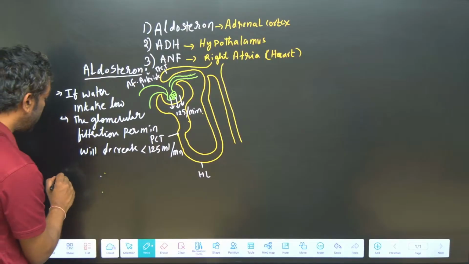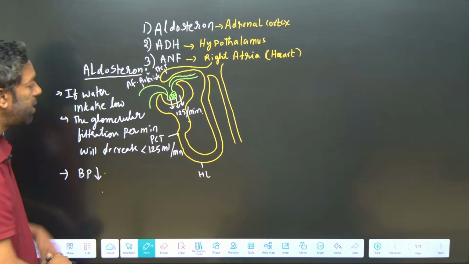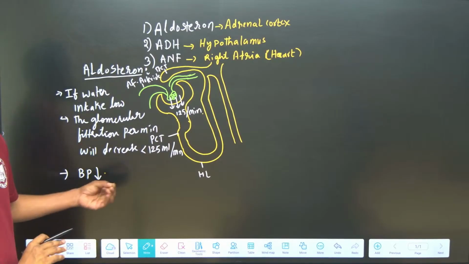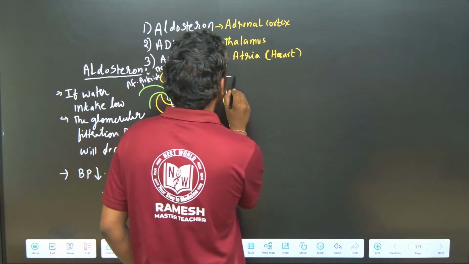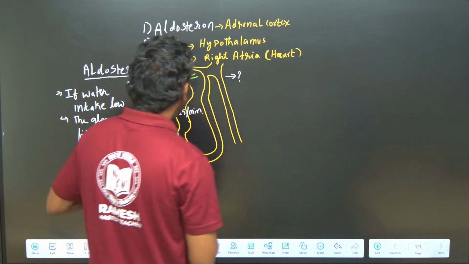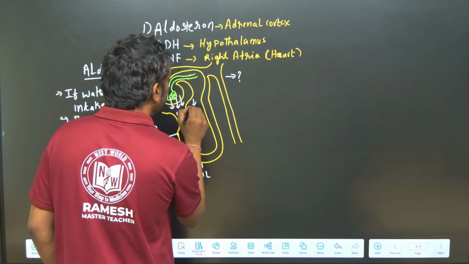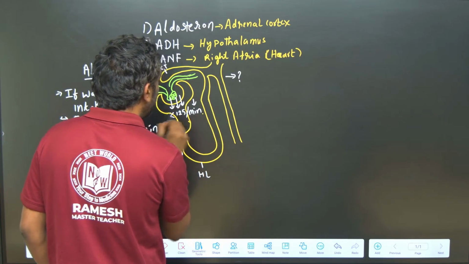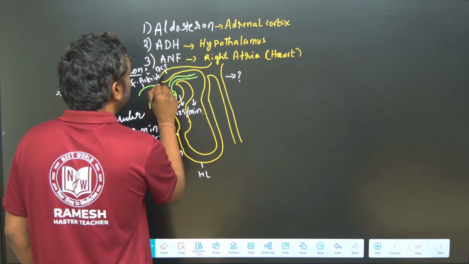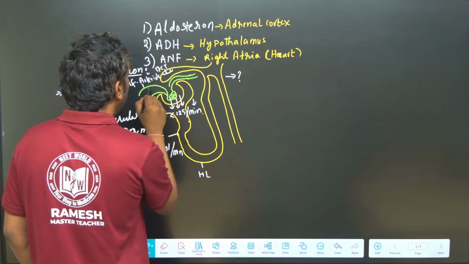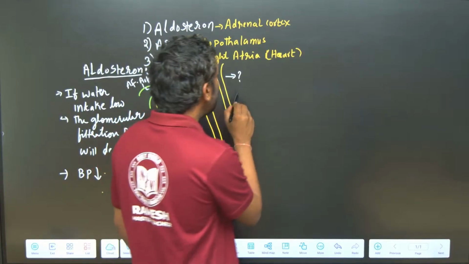So blood pressure will decrease. In this condition, what happens? If the filtration decreases below 125 ml, the DCT part and the efferent arteriole together form the JGA apparatus.